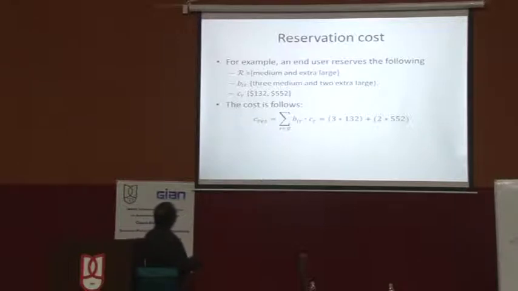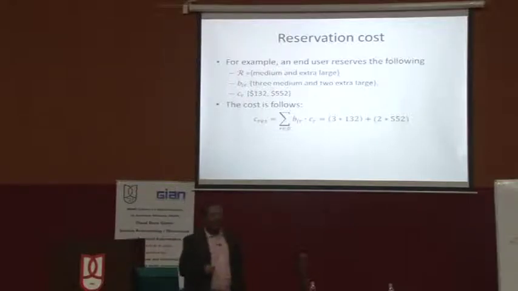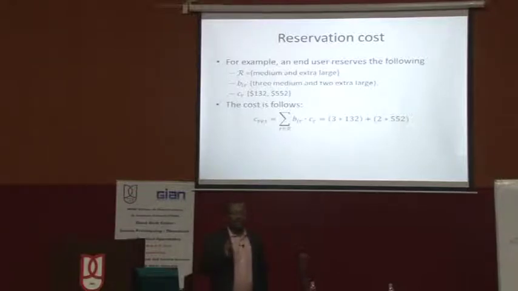If you plug that in there, this becomes 3 times 132, 2 times 552, and you add up this, you get the cost of the reservation of these resources. Okay, this is assuming now you're reserving for 1 year or for 3 years.